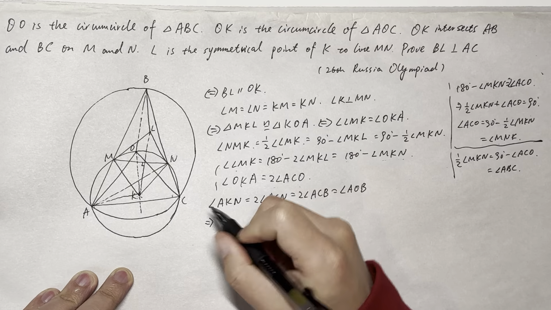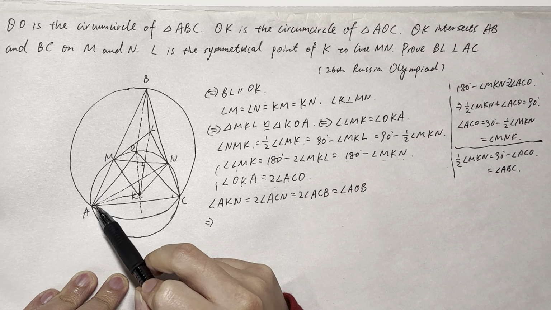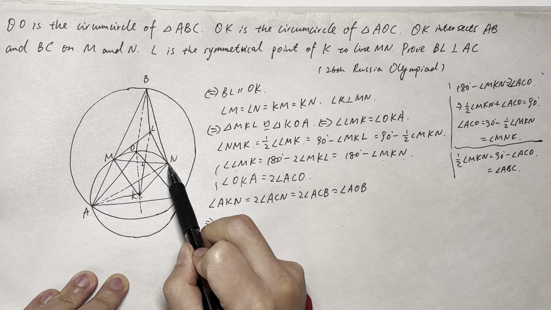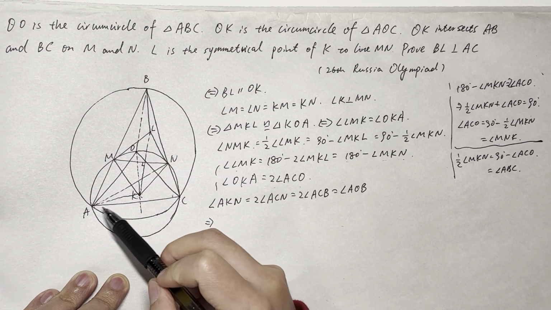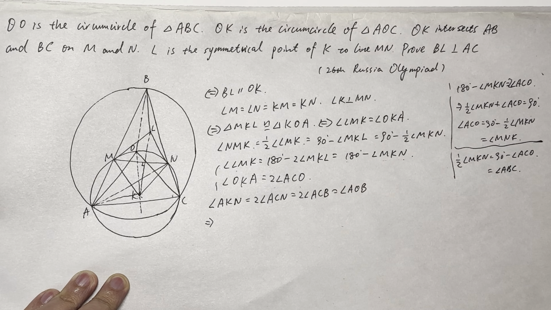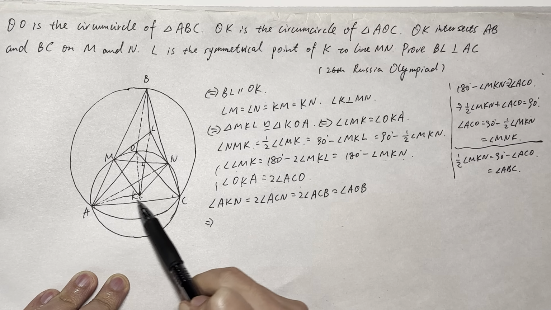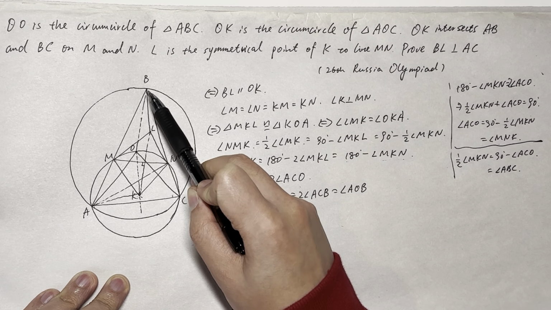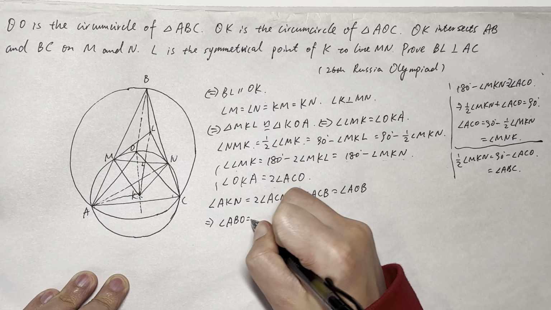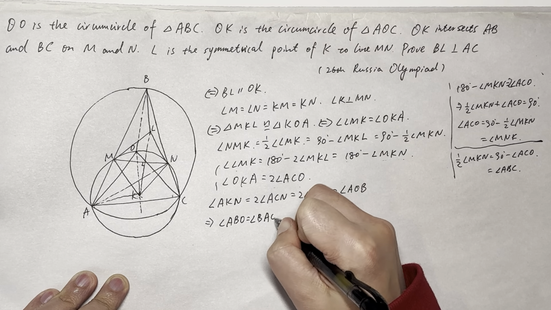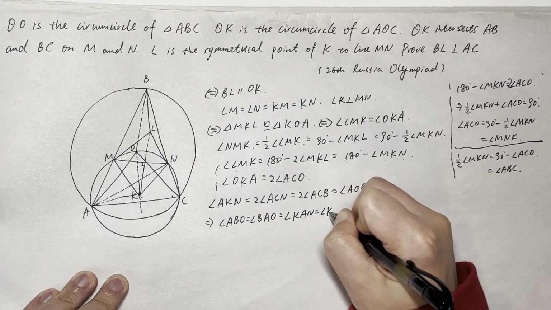Which means, because AK equals KN, triangle AKN is an isosceles triangle. OA equals OB, so triangle AOB is also an isosceles triangle. And because we already know angle AKN equals angle AOB, that means angle ADO equals angle BAO equals angle KAN equals angle KNA.